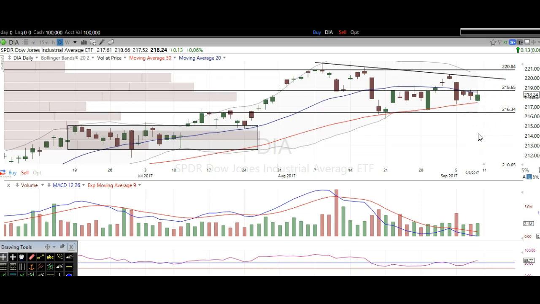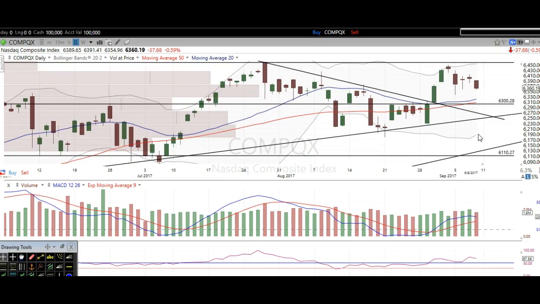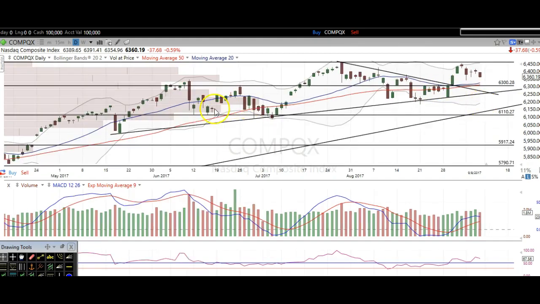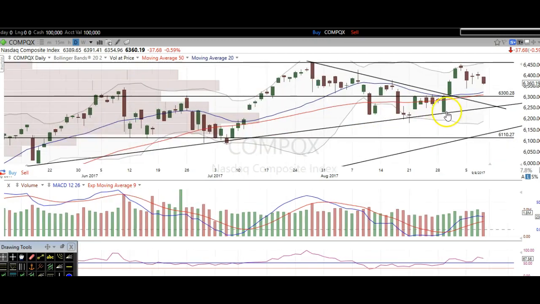So next we're going to touch on the Nasdaq, and the Nasdaq has very similar levels to the S&P 500. As you can see right here was that down channel, okay, and we also have this sideways trading, same as the S&P 500, and we've also got this uptrend line that started in May right here, got a bounce there, here, here, right there, and that matches up perfectly with that down channel test, as well as this uptrend line, as well as this sideways trading support, as well as this Fibonacci retracement level.